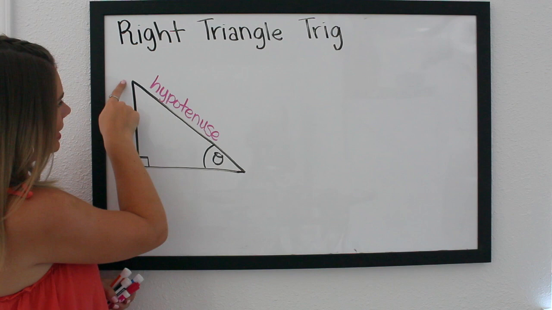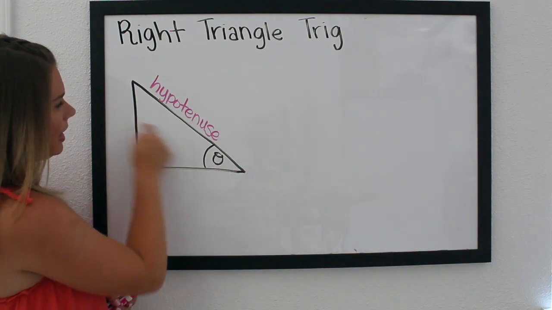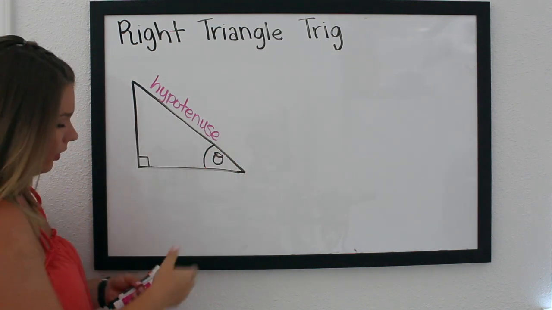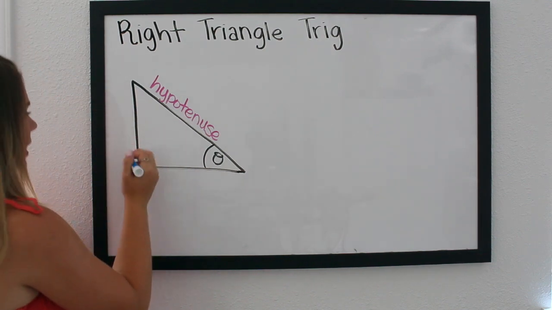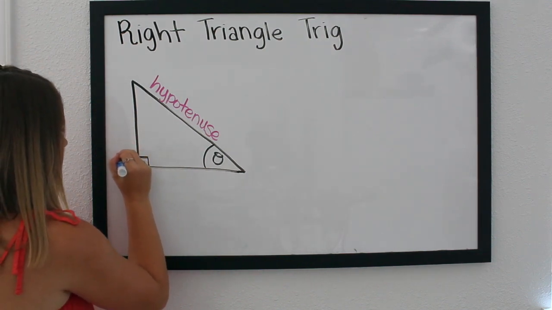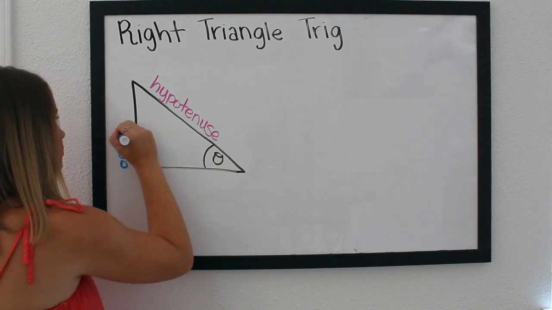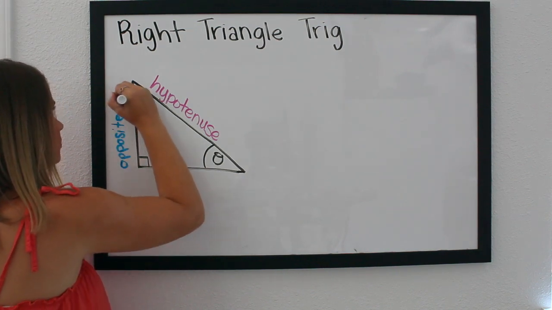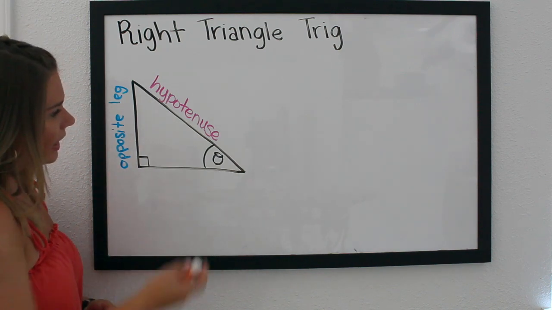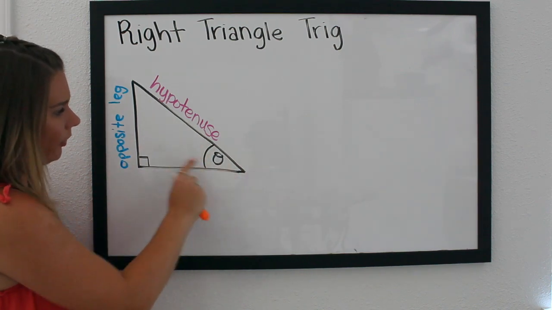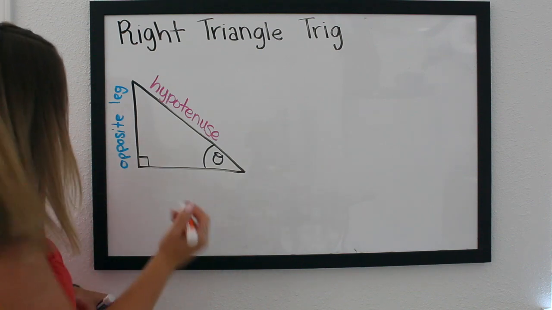This angle is not touching this side. It's opposite of this angle. So this one right here is what we call our opposite leg. And then the one that is touching your reference angle is called your adjacent leg.